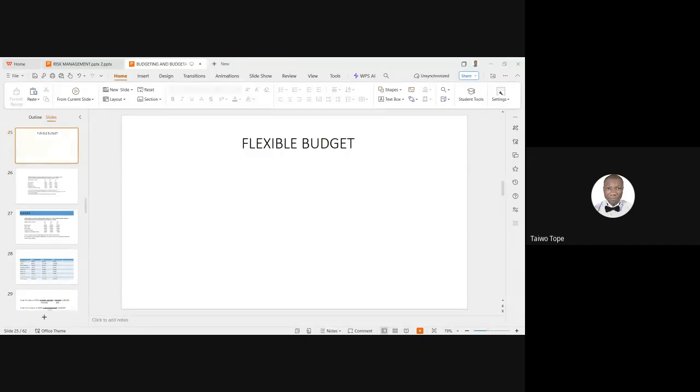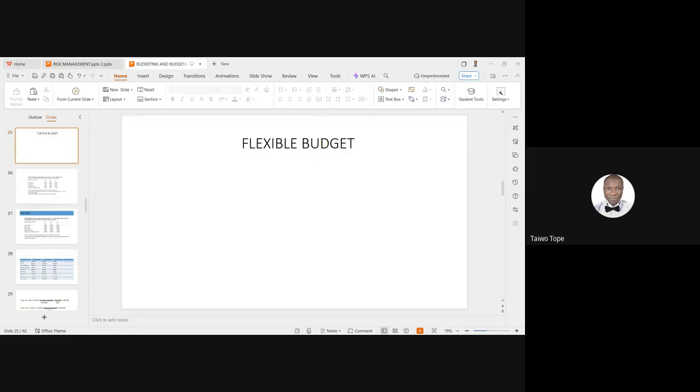One thing with flexible budget is that it focuses on cost control. And this cost control will make you able to come up with meaningful variance as you compare your actual with your standard.